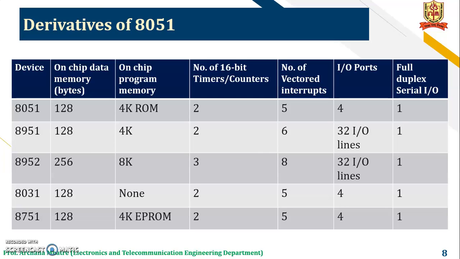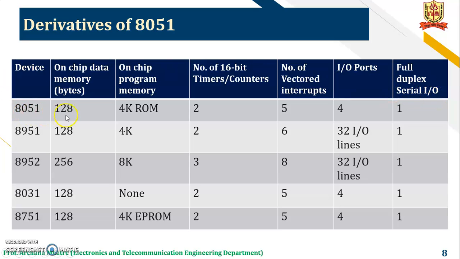Now the next topic is derivatives of 8051. These are devices like 8051, 8951, 8952, 8031 and 8751, and they will be compared on the basis of these parameters. First is on-chip data memory, then on-chip program memory, that is internal data memory and internal program memory, then number of 16-bit timers or counters, then number of vectored interrupts, then IO ports and full duplex serial IO ports.